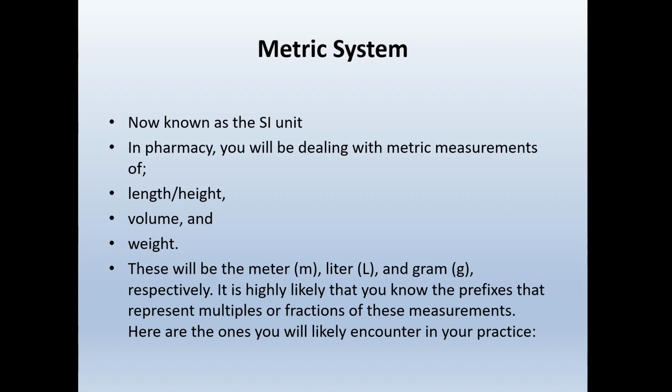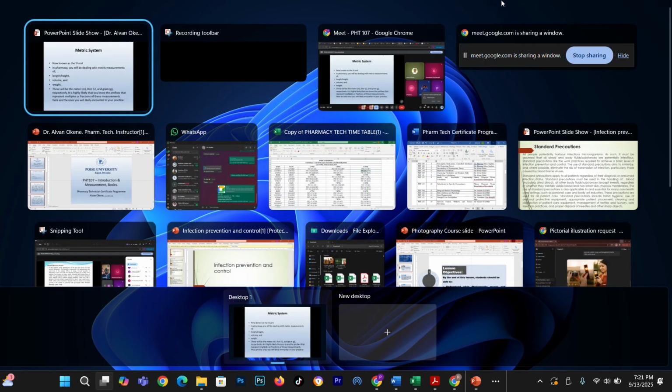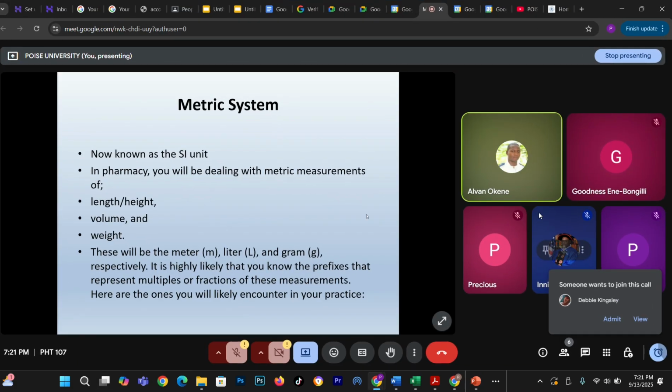For length, you measure in meters. Volume is measured in liters. Length or height, meter. Volume, liter. Then weight is in grams, right?